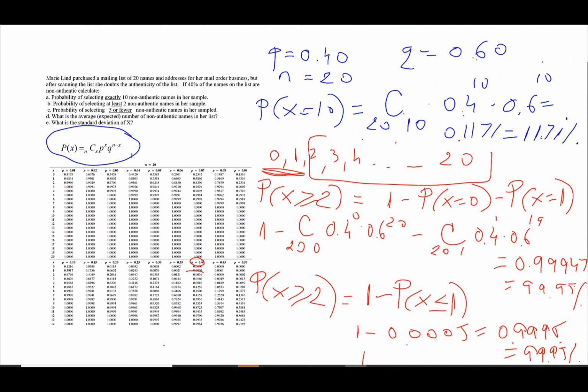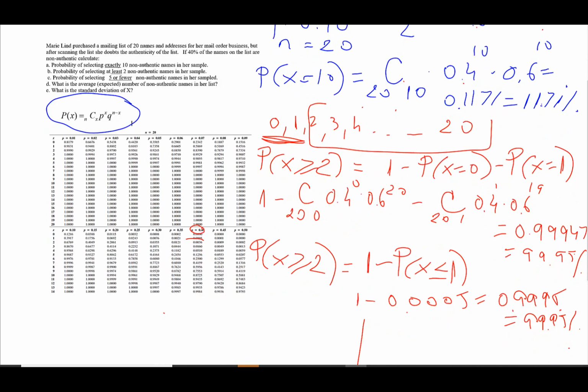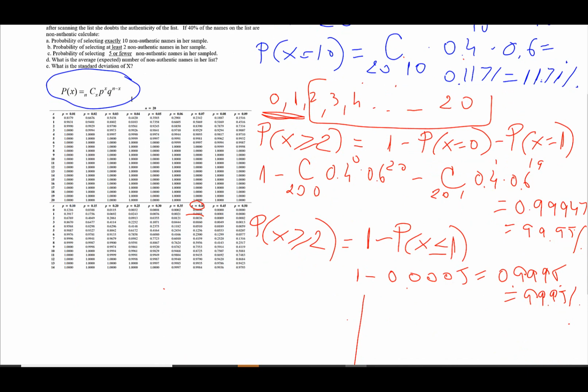For part C, they ask the probability of selecting 5 or fewer non-authentic names. So I'm looking to calculate the probability when x is less or equal 5.